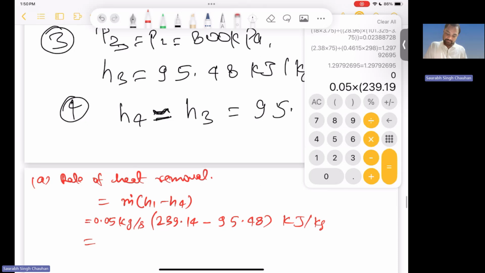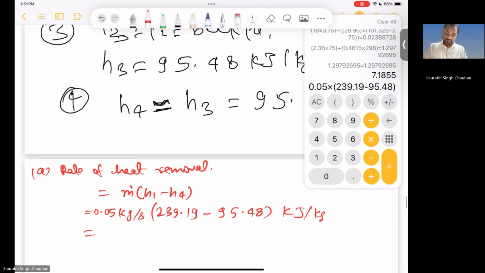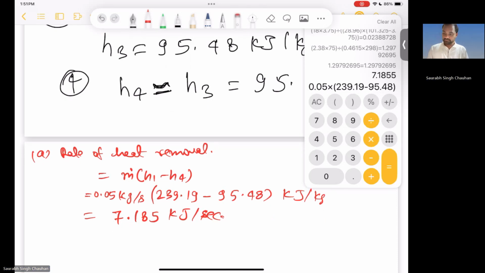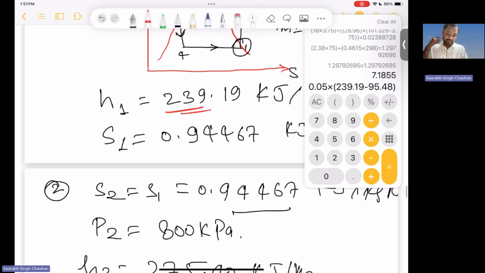So it is 7.185 kilojoule per second, right? This is the rate of heat removal.